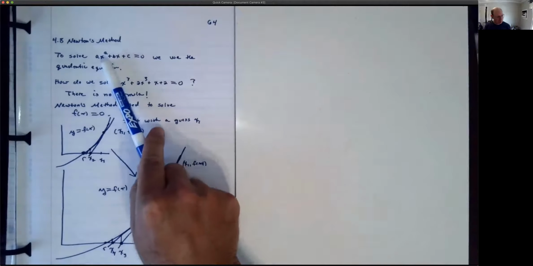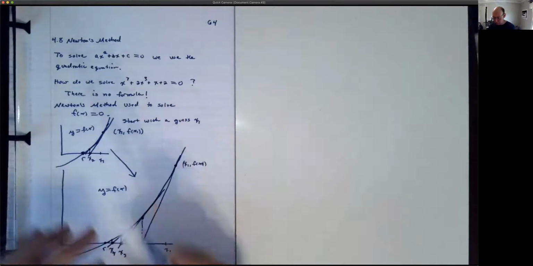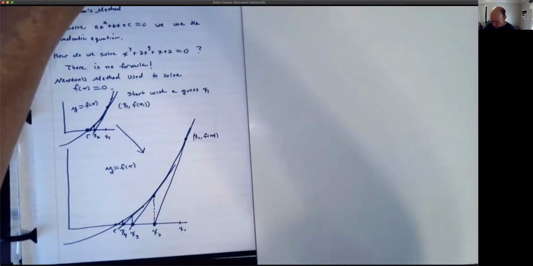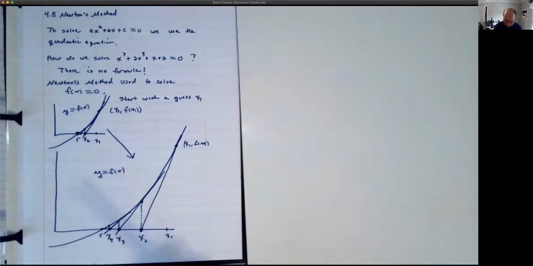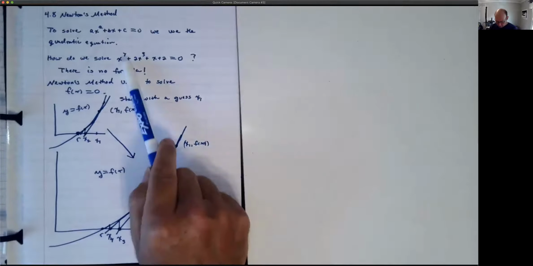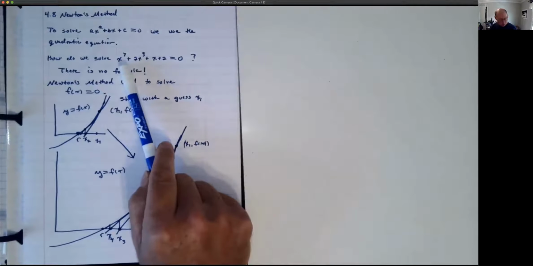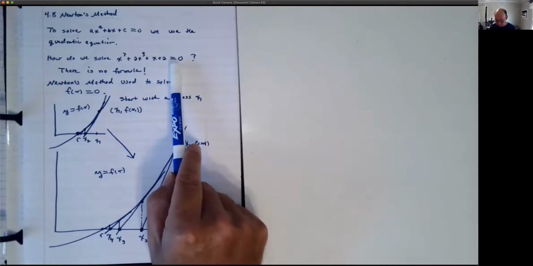So we all know about the quadratic equation, of course, and we know that it can be easily solved with the quadratic formula. But how do we solve something like this, a seventh degree polynomial equation?